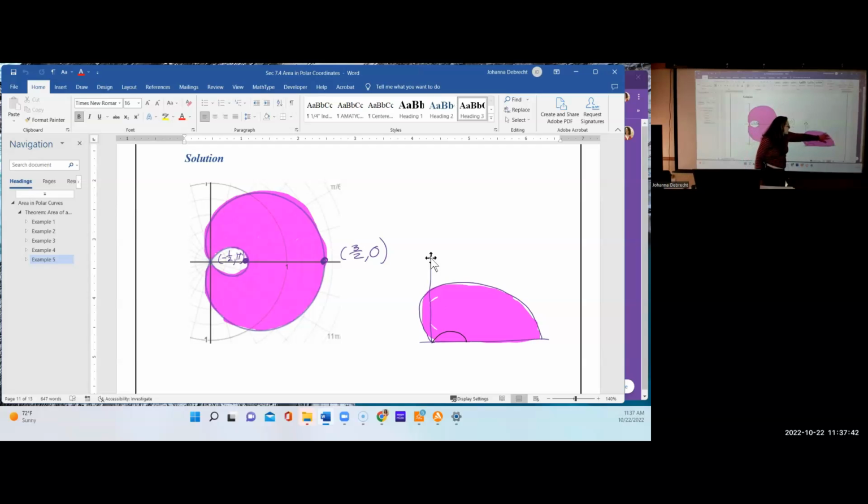Now, the edge right here isn't going to be exactly a sector of a circle like it would be on a fan. Instead, it's the edge of our polar curve. But the two sides that are forming it are exactly like a hand fan.